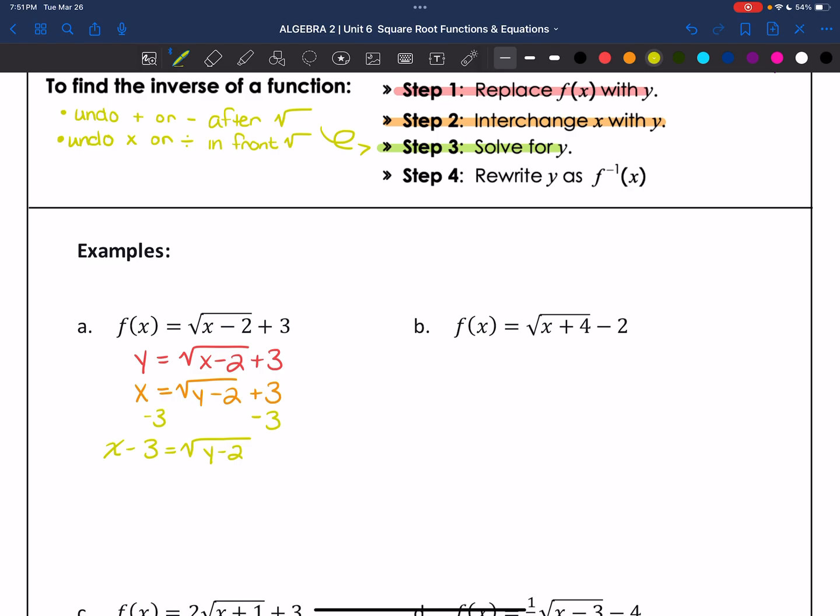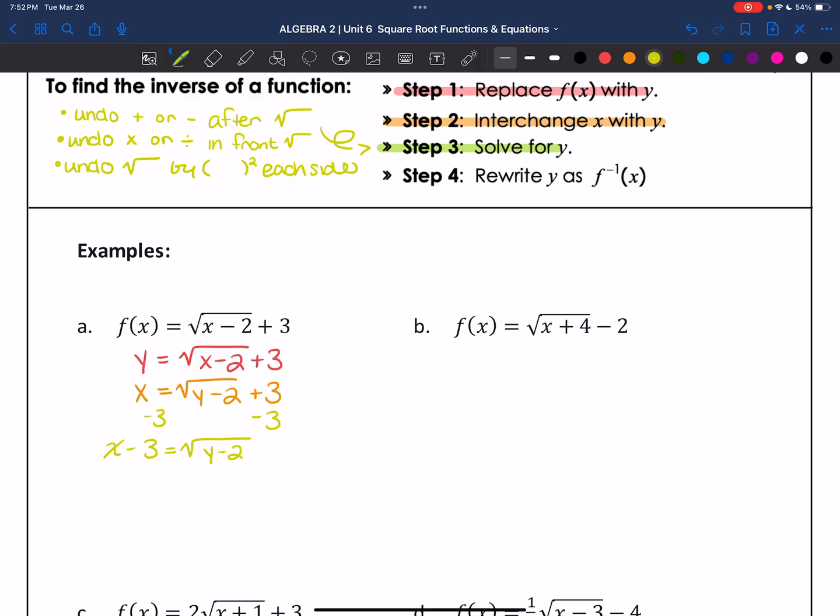So if we don't have anything else either in front or after our radical, like is the case here, then what we want to do is undo the square root by taking and squaring each side.